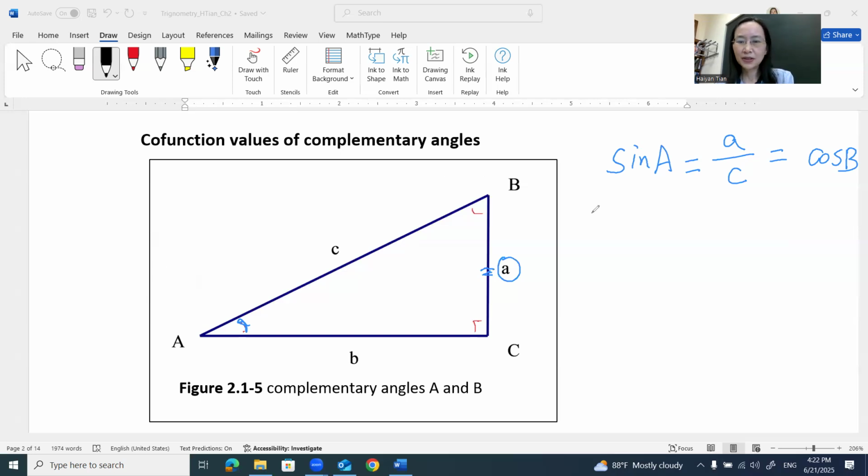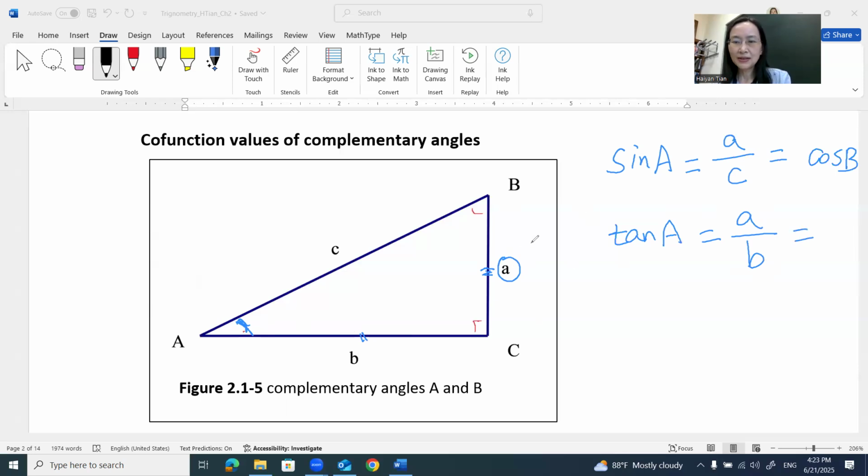So it's not difficult to show that tangent A is opposite side over adjacent side, right? Tangent A means the side opposite the angle A over the side adjacent to angle A, which is a over b.